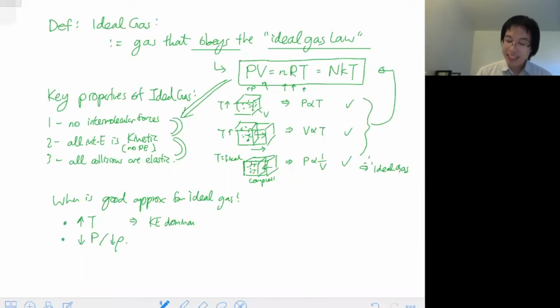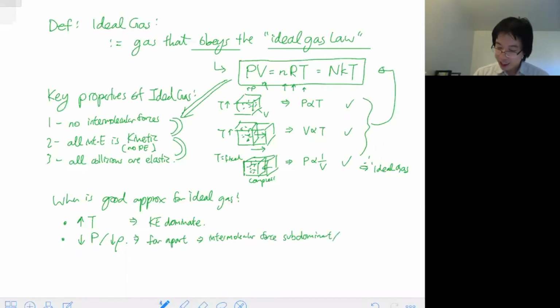So even though an ideal gas does not exist in the real world, when you have high temperature, it's a pretty good approximation. Or you can achieve it by making it low density or low pressure, because now the particles are very far apart, right? If there's low density. And as a result, any intermolecular forces are negligible, or at least subdominant.